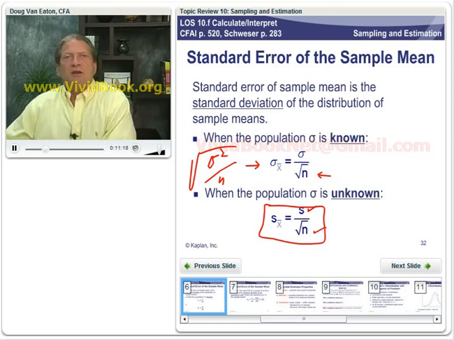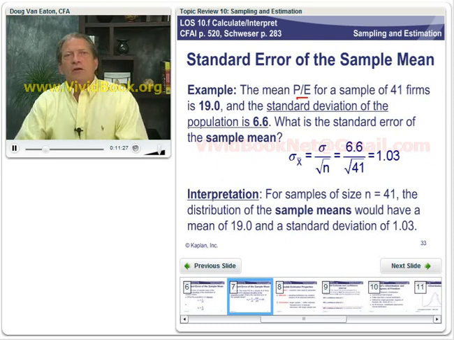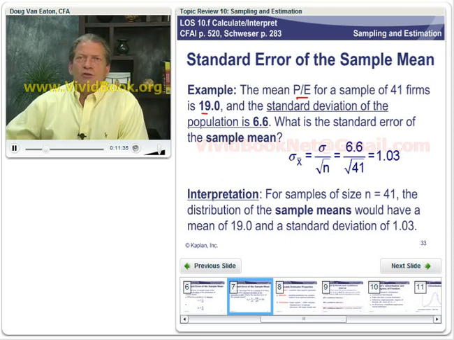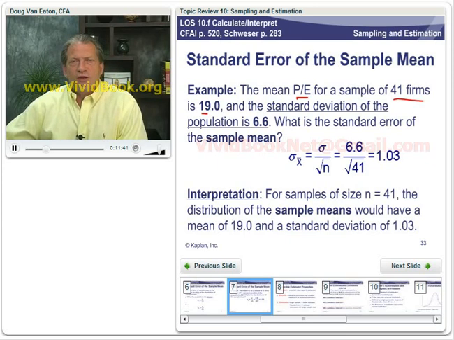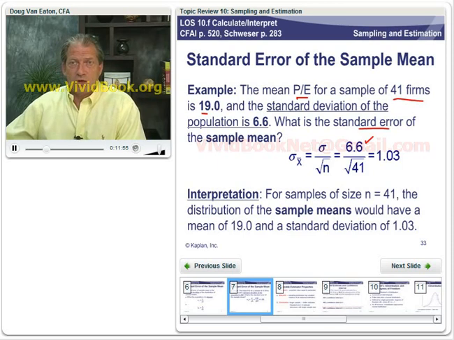So let's take a look at an example here. It says the mean price-earnings ratio for a sample of 41 firms is 19, and the standard deviation of the population is 6.6. What is the standard error of the sample mean? Well, given our sample size of 41, the standard deviation of the sample mean around the true mean, which is what we're calling our standard error here, is simply the standard deviation of one individual observation, the population standard deviation, divided by the square root of n.